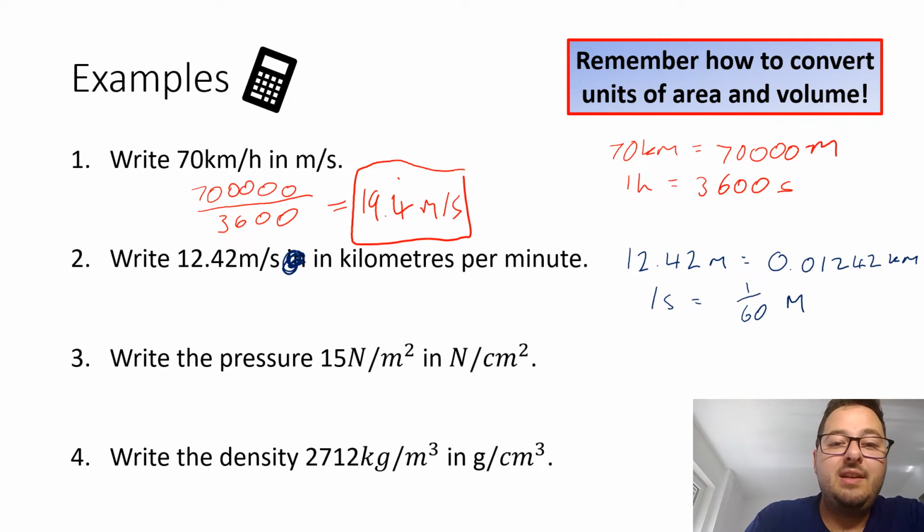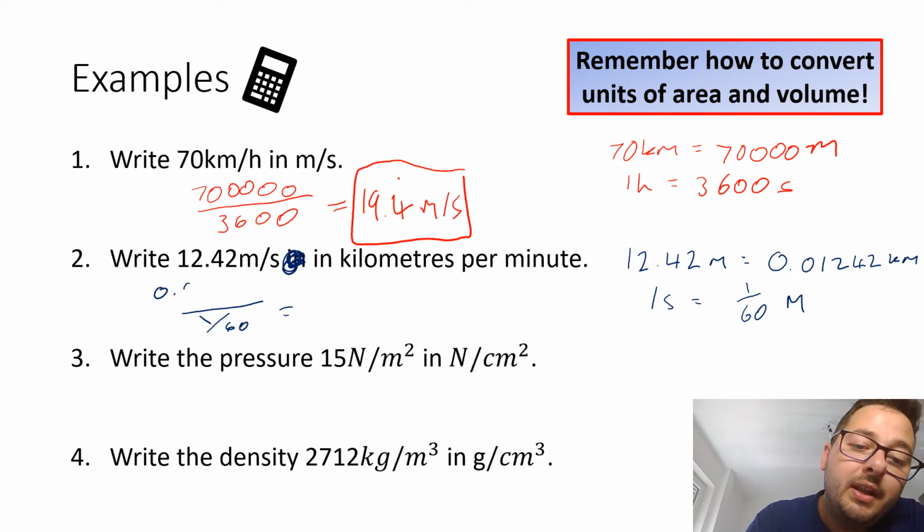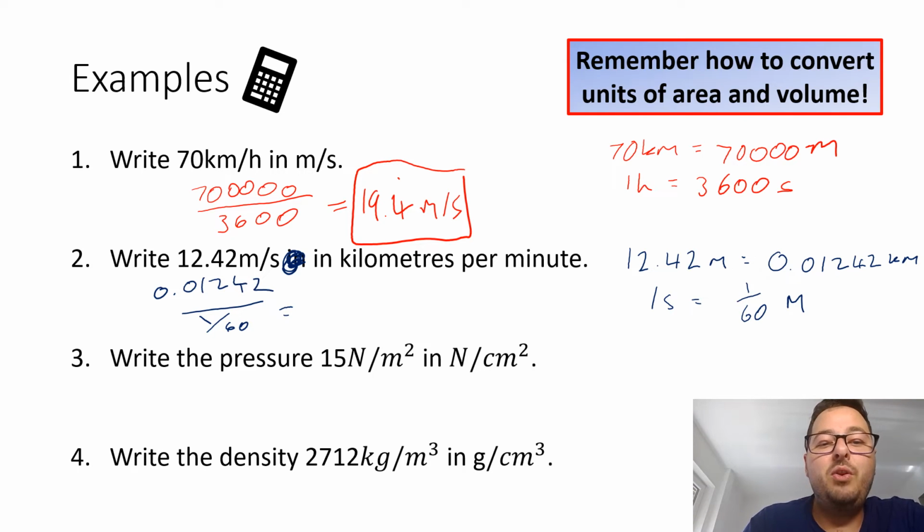So in our answer then, we want to do 12.42 divided by, well, 1/60th. But that's the same as timesing it by 60. Oops, sorry, I've put 12.42 and it should be what we've converted it as, which was 0.01242. And dividing by 1/60th is the same as timesing by 60.